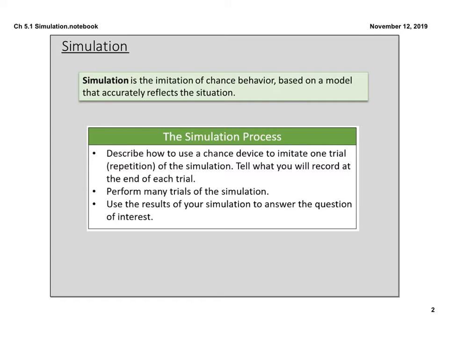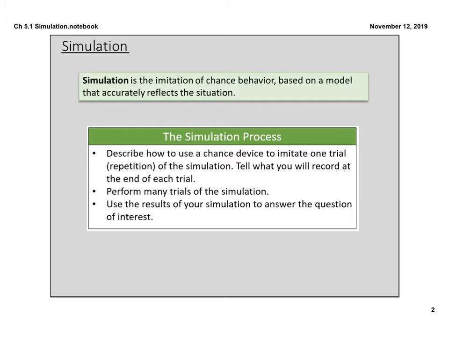So you're going to use a computer generator or a random number generator on your calculator, depending on what it is. You're going to use some device to randomly simulate a trial of a certain experiment. You're going to do that many, many times, perform many trials of the experiment, and then you're going to use the results of your simulation to answer the question of interest.